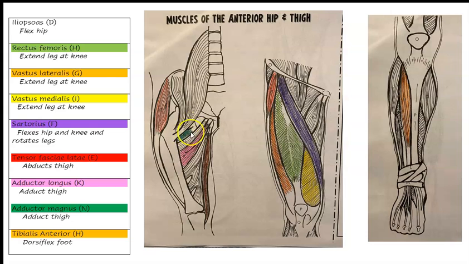This is the adductor magnus, so letter N, and this is the adductor longus. This is the gracilis. We'll find it on the next page, but it is kind of a nice diagram of this particular muscle. It's going to run the medial length of your leg. And then looking at your lower leg front, the front muscle here, which allows you to bring your toes up towards your calf, is called the tibialis anterior.